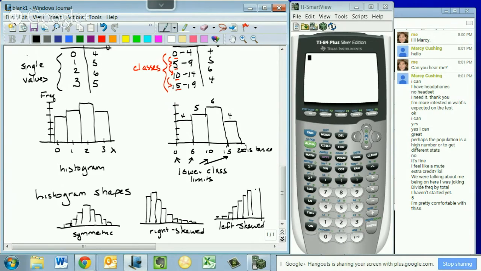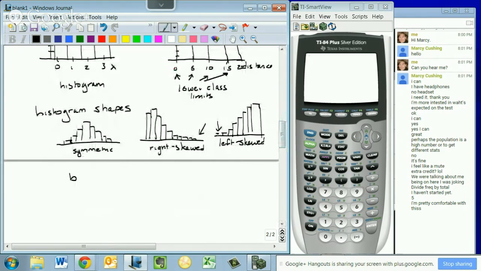And what we're going to see in Chapter 3 is that having these either extremely large or extremely small values will affect some statistics and not other statistics. For example, the mean will be affected by very large or very small values, whereas the median will not. So that's why it's important to know different histogram shapes.